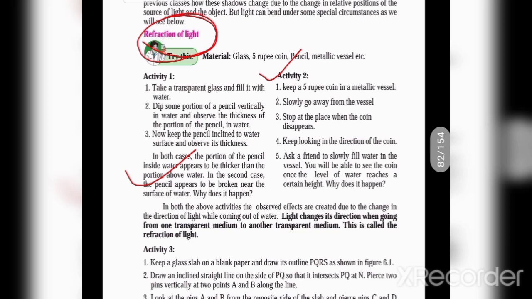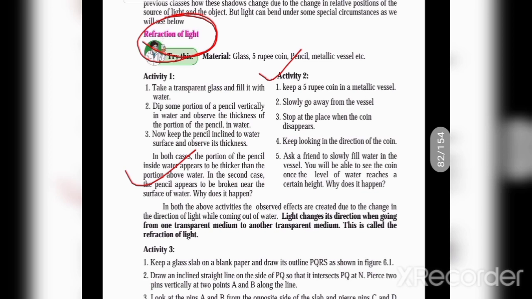Second point, slowly go away from the vessel, at some distance, 10 meters or 15 meters away. Stop at a place when the coin disappears. After some distance, the coin inside the metallic vessel disappears.